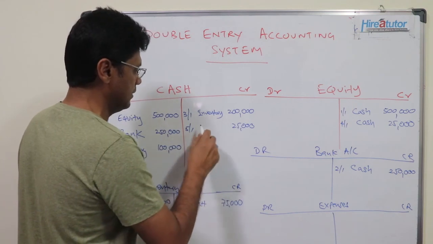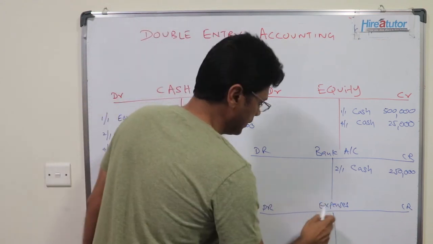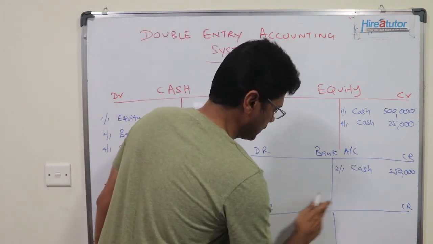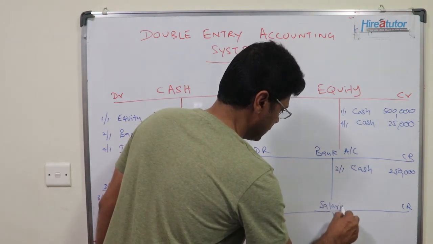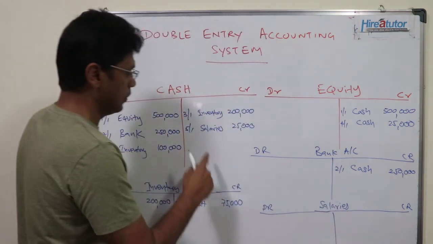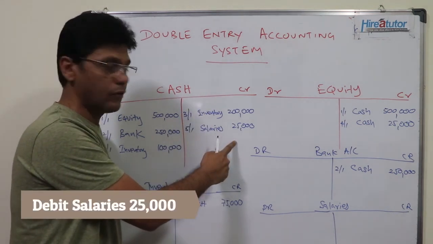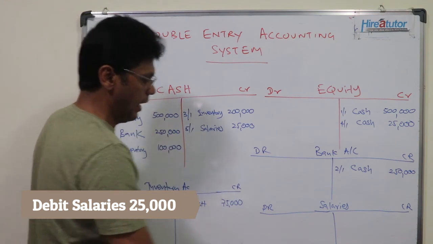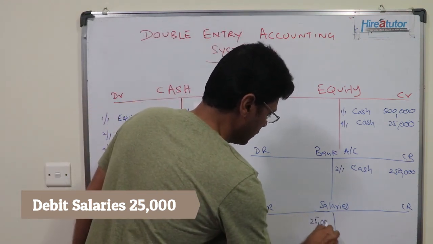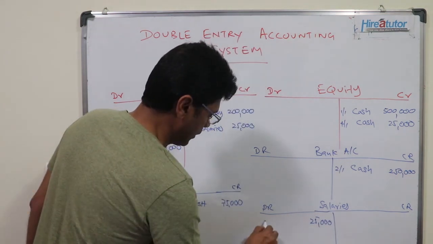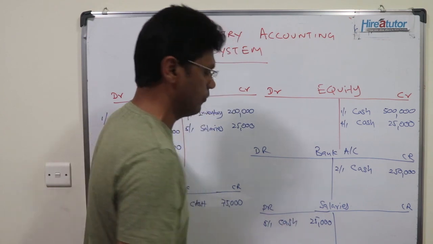We can say salaries. Salaries. Here, salary expenses. You can name it as salaries. So you have to credit the cash account because of decreasing asset, and debit the expenses 25,000. 5th January, the reference account is cash, 25,000.